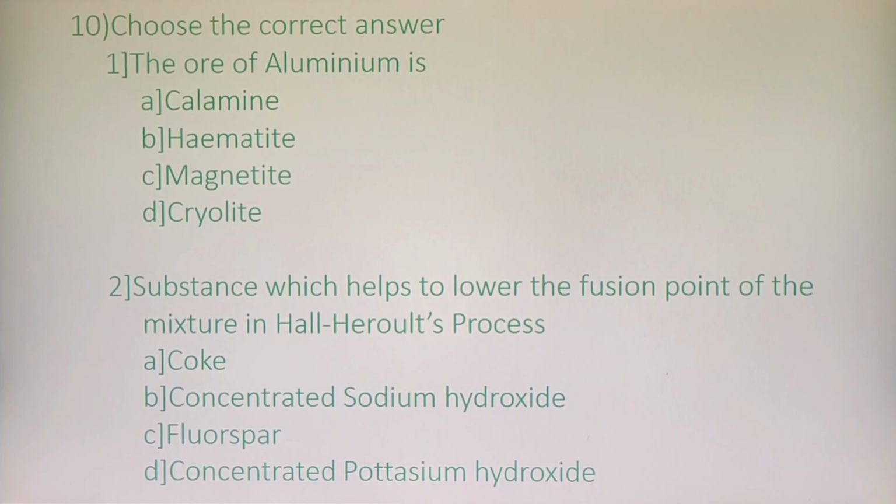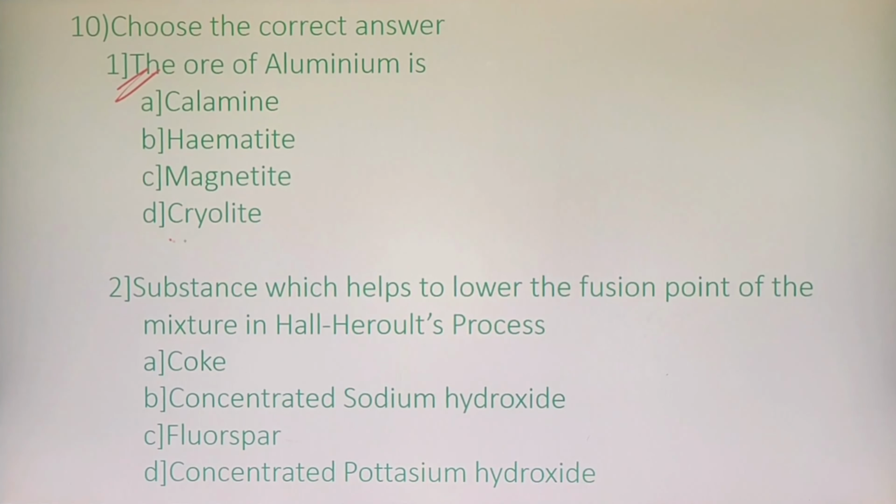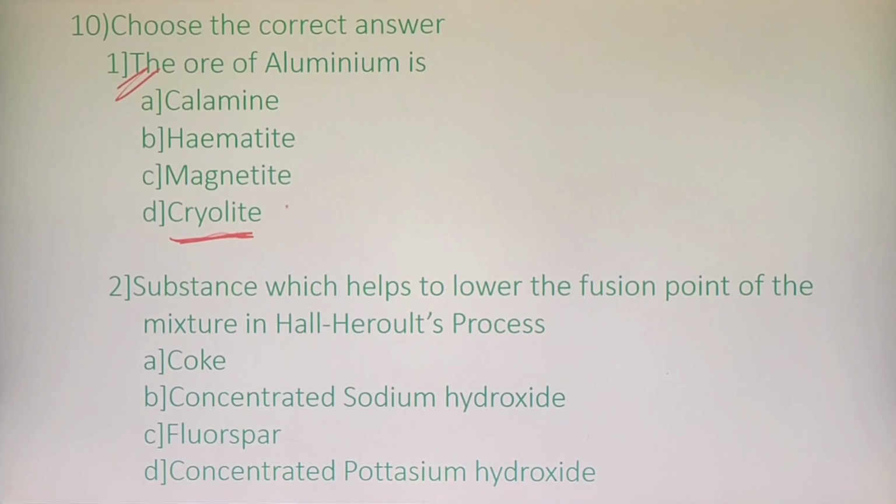Next question is again an MCQ question. Can you see? These type of questions have been asked again and again. Which amongst this is an ore of aluminium? Okay. So the answer here is cryolite. Cryolite is an ore of aluminium. We know the formula. What is the formula, children? It is Na3AlF6.